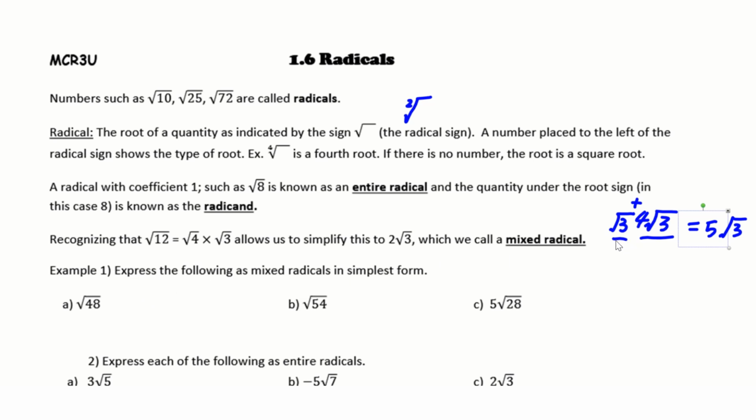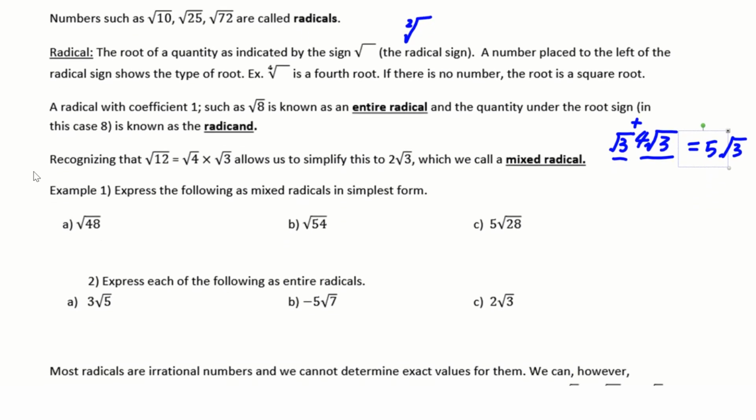So now we know that if we have the mixed radical, we could add and subtract the like terms. So we are going to practice converting these radicals to mixed radicals in simplest form. What it means is take the perfect square out. Square root 48: the perfect square number in 48 is 16, then times 3.